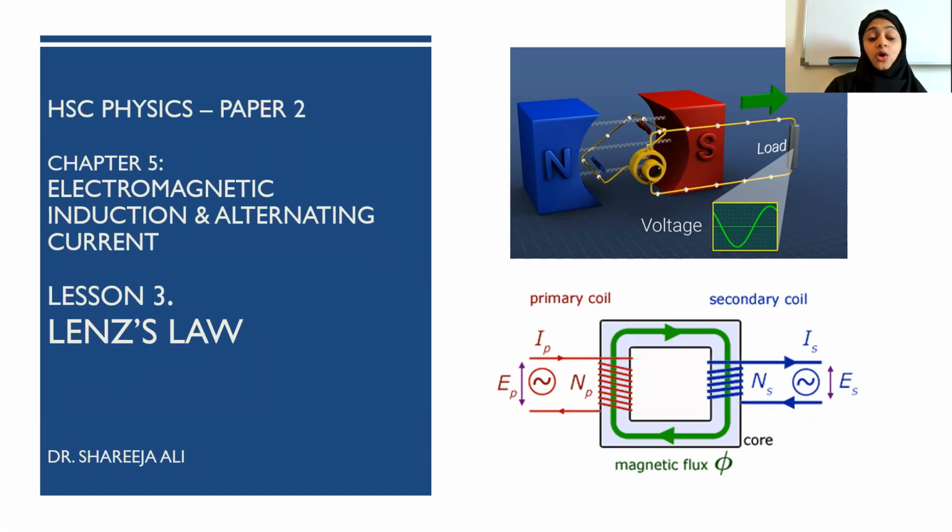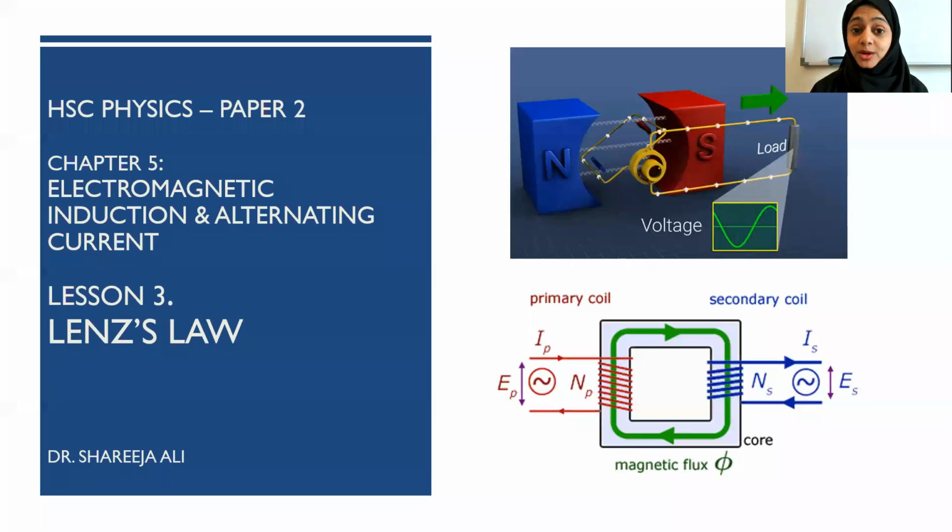Now, the third law of electromagnetic induction, which is Lenz's law, will tell us in what direction this EMF is induced. So today we are going to see Lenz's law that tells us in what direction the EMF is induced during electromagnetic induction.